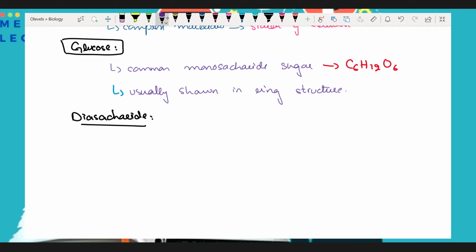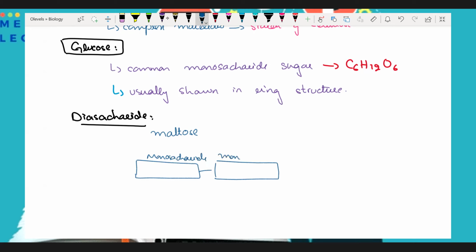Then we can have a look at a disaccharide. For example, maltose. That's a disaccharide, which means it is made up of two monosaccharide units joined together. Di means two, right?